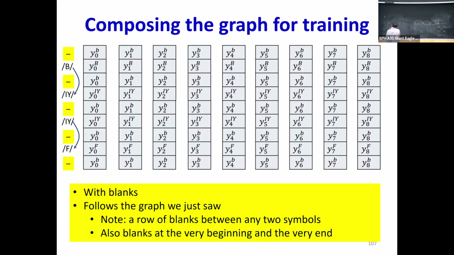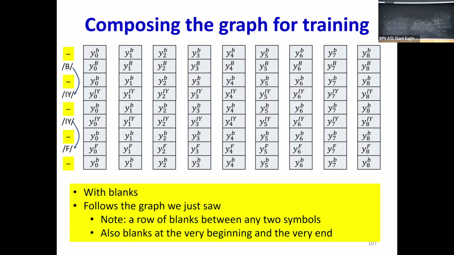But suppose I have something like this. Then can I still have this structure? Will any path through this graph still represent B, E, E, F? No, why not?